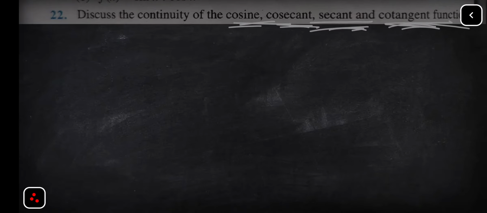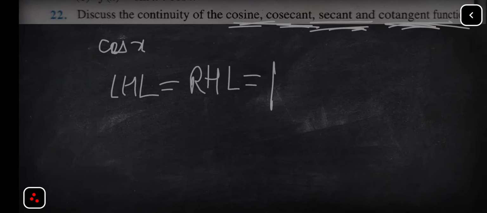So first we find the continuity of cosine, which is also called cos x. To discuss any continuity, we have to be sure that LHL is equal to RHL is equal to the function.